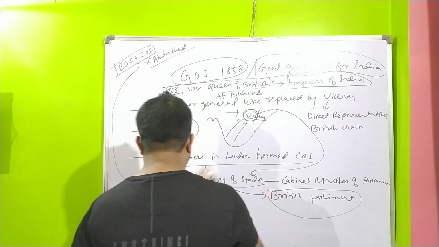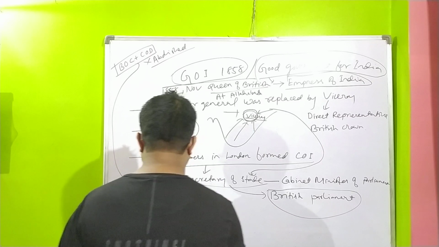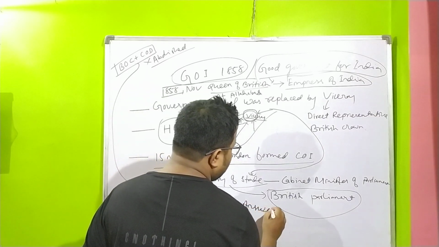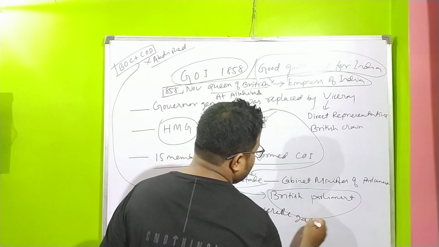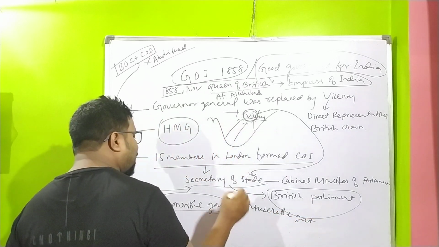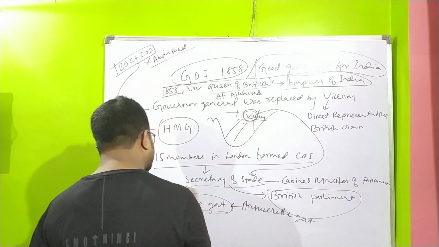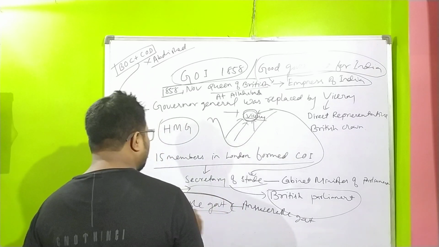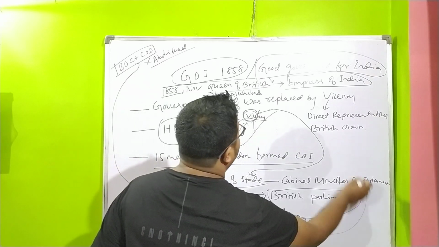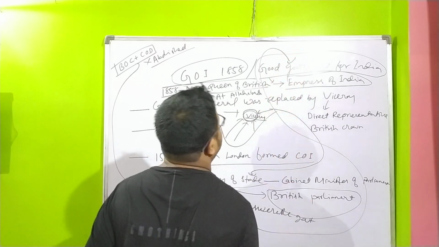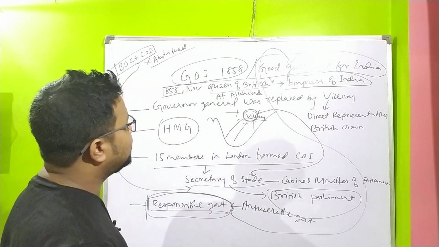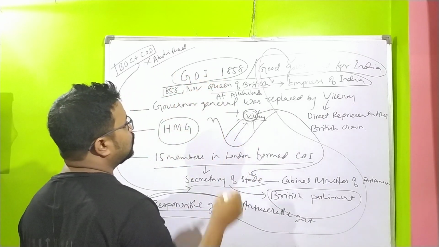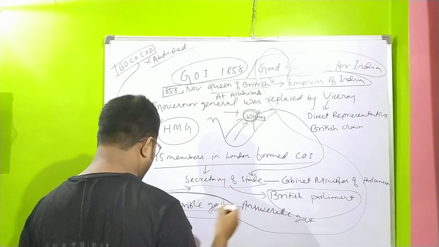Thus it was an answerable government. An answerable government is said to be a responsible government, and a responsible government was said to be good governance. So according to the British, the Government of India Act in 1858 was a good government for India. How?